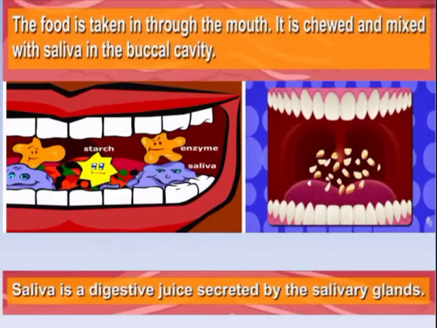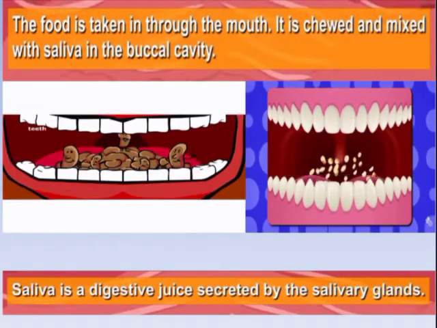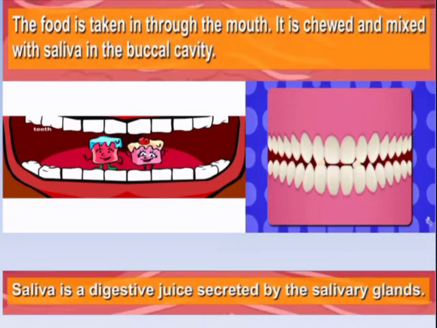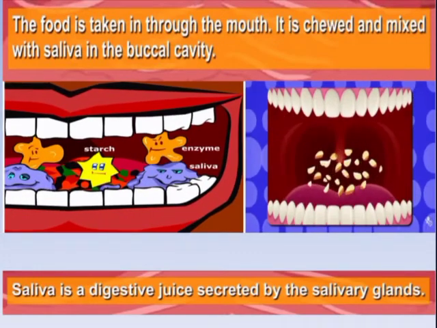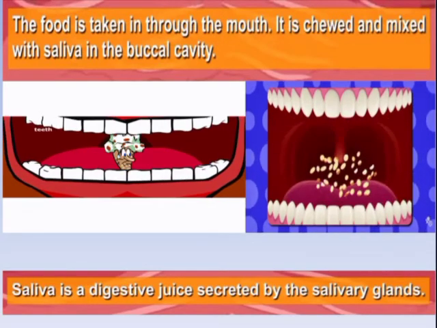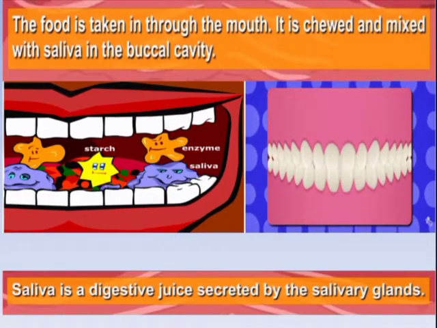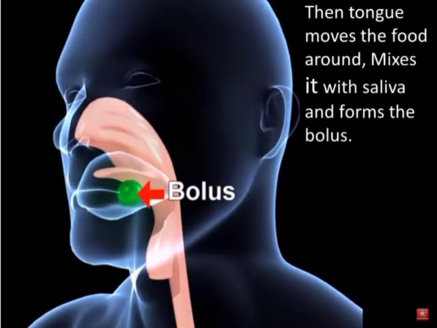The food is taken in through the mouth. It is chewed and mixed with saliva in the buccal cavity. Saliva is a digestive juice secreted by the salivary glands. Then the tongue moves the food around, mixes it with saliva and forms the bolus.